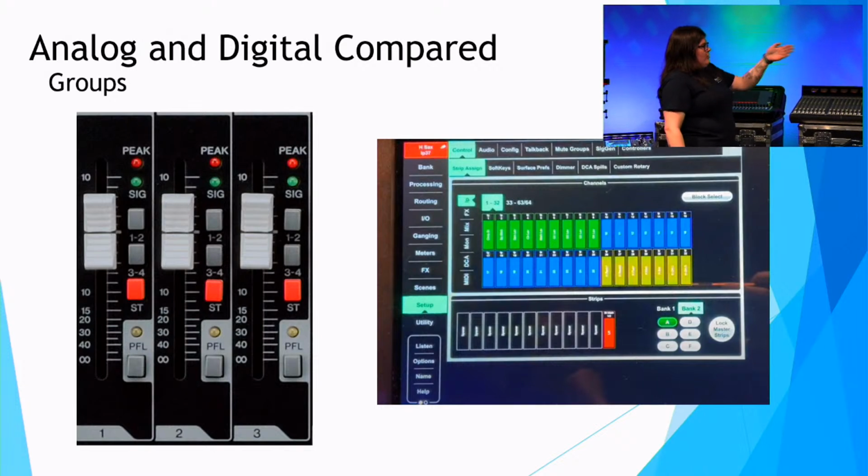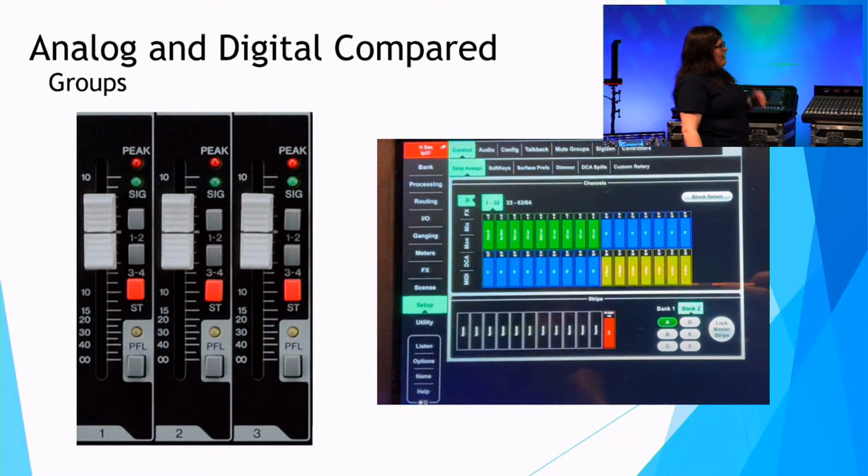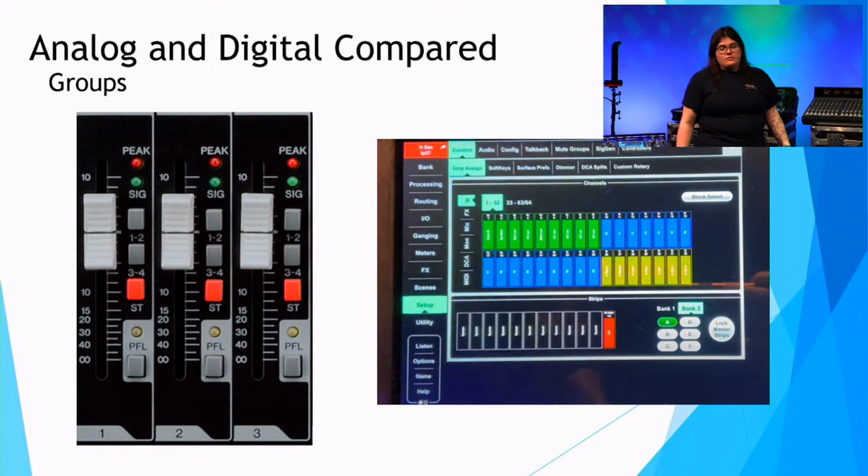Whereas on a digital console, depending on the console, you might not even have all your groups assigned to a fader yet. And you're going to have to, again, go into the menus, probably where you have your sends, and turn up that send to the group, and then go into, so what this is here is the fader assignment for, I believe that's an SQ.